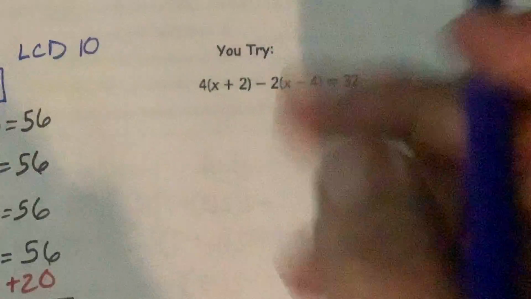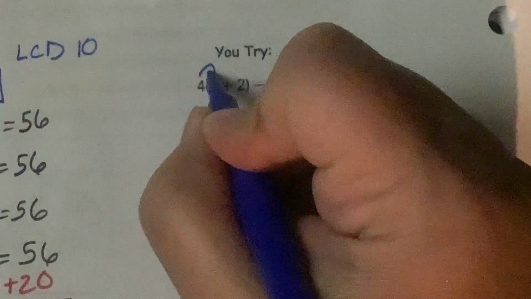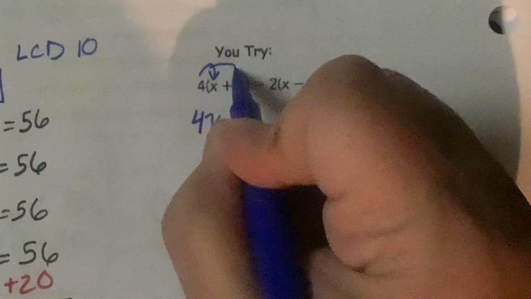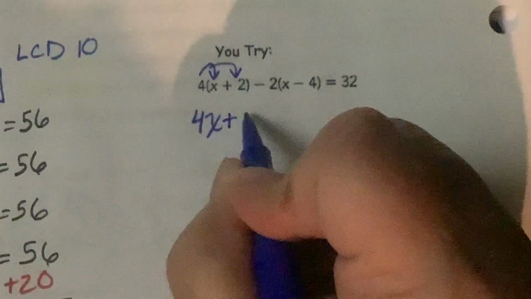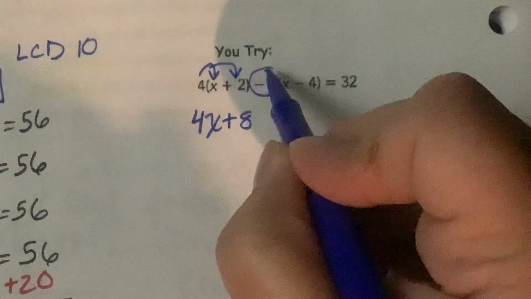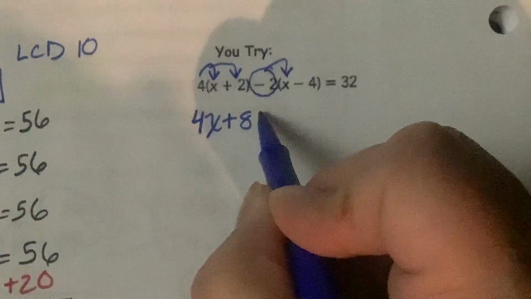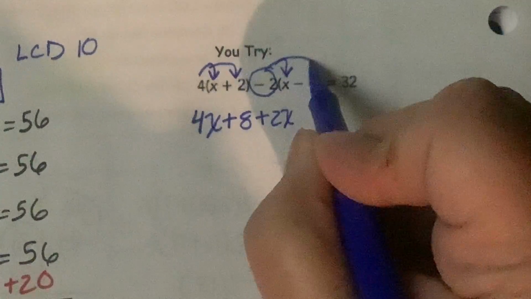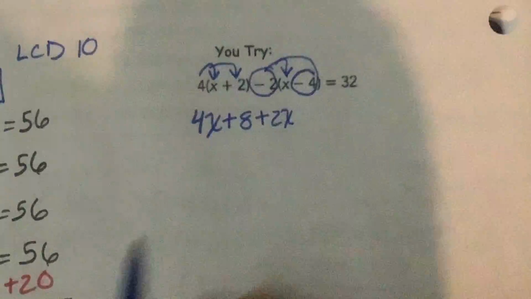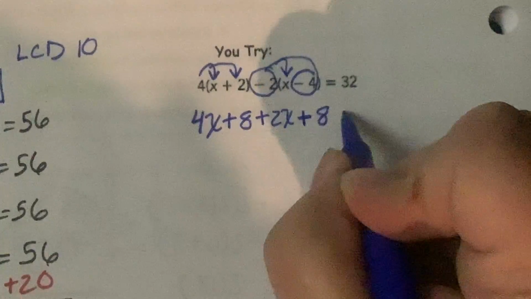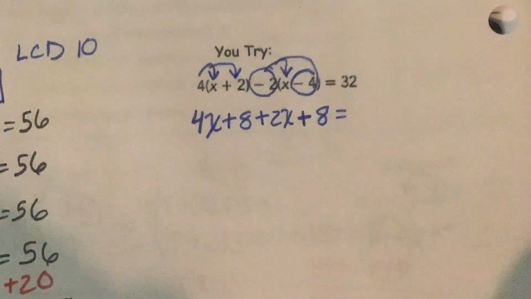So, 4 times x, 4x. 4 times 2 plus 8. Now remember to grab that sign right in front of the 2. 2 times x plus 2x. Grab that sign right in front of the 4. Negative 2 times negative 4, positive 8 equals 32.